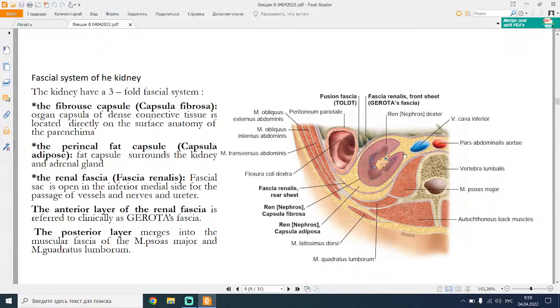What do you see? Capsula adiposa. The fascial sac is open in the inferior medial side for the passage of the vessels, nerves and ureter.